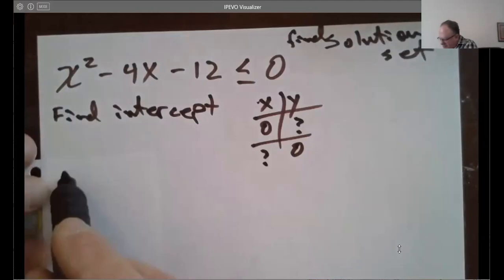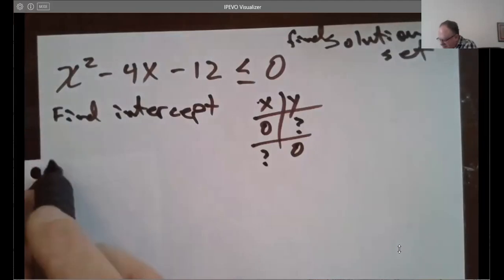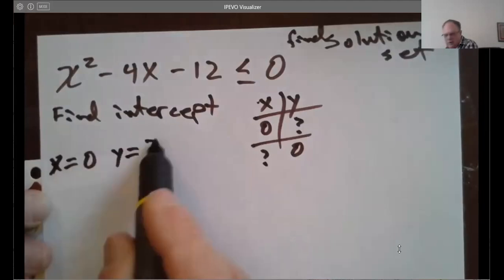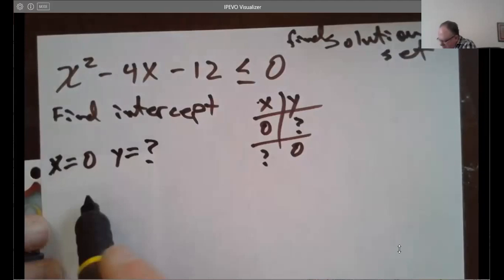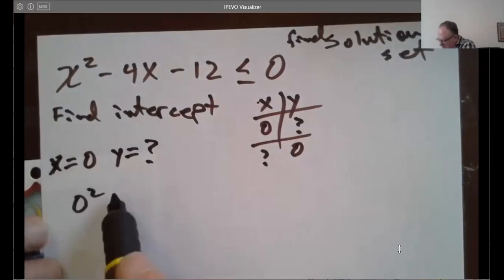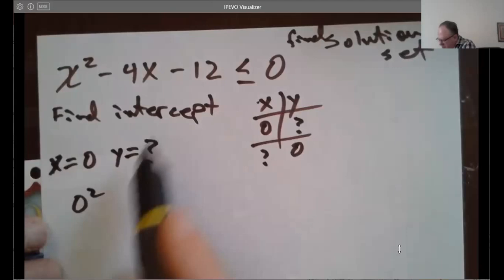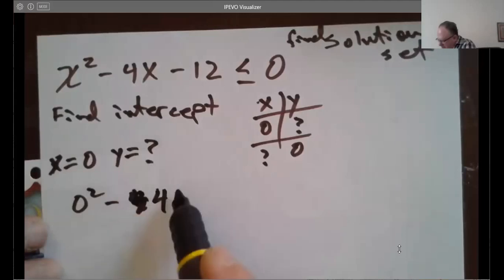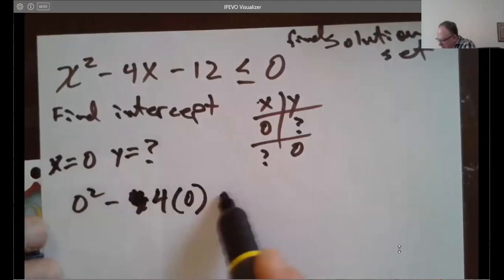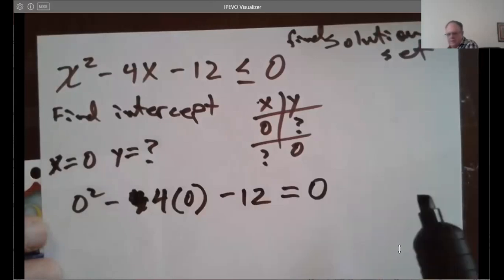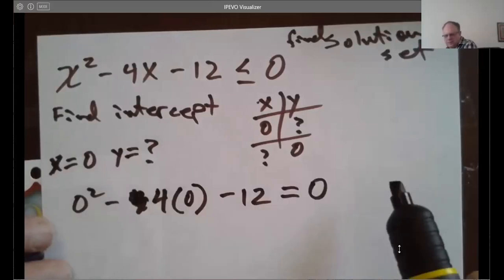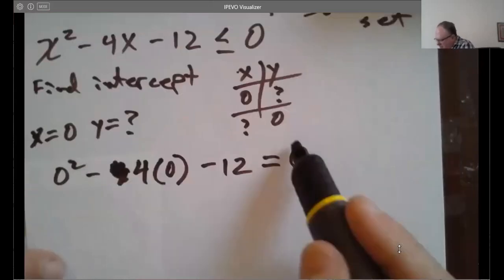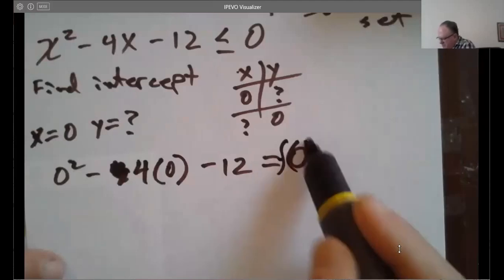So set x equals 0, find y. So we're going to put 0 in wherever x is. So this would be 0 squared minus 4 times 0 minus 12. And we're just going to use f of x for this one.